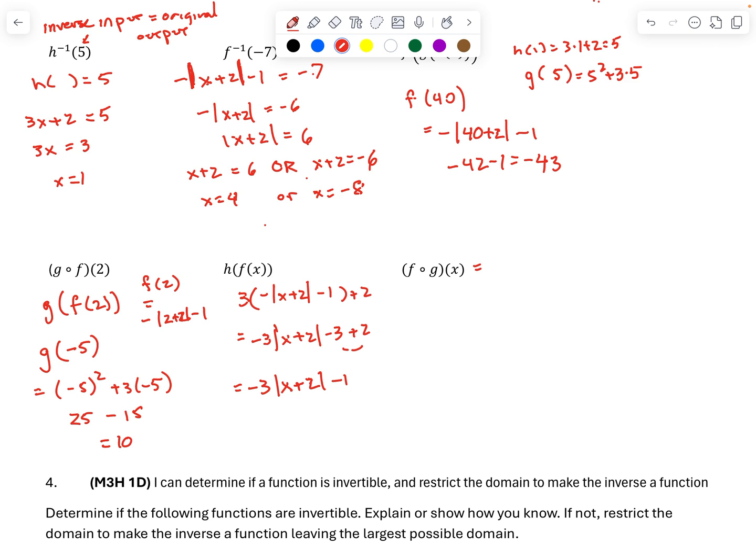Okay, f of g, we're sticking g inside. Again, negative absolute value of the expression plus 2, minus 1, plugging in x squared plus 3x. Okay, and again, a lot of the time the extra parentheses are not necessary, but I like to fill them in that way.